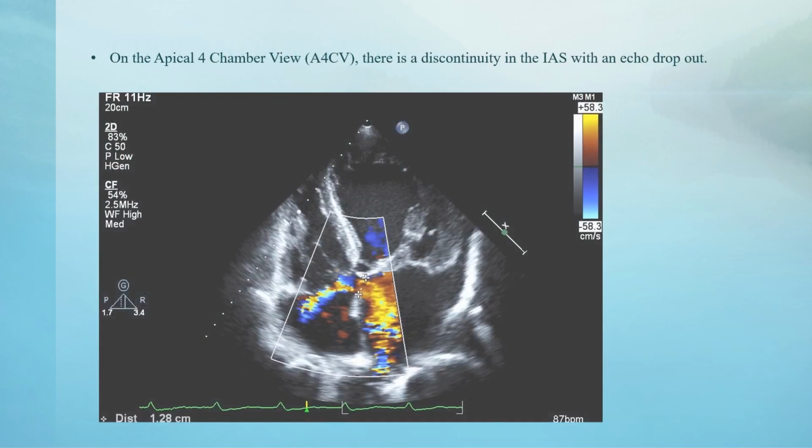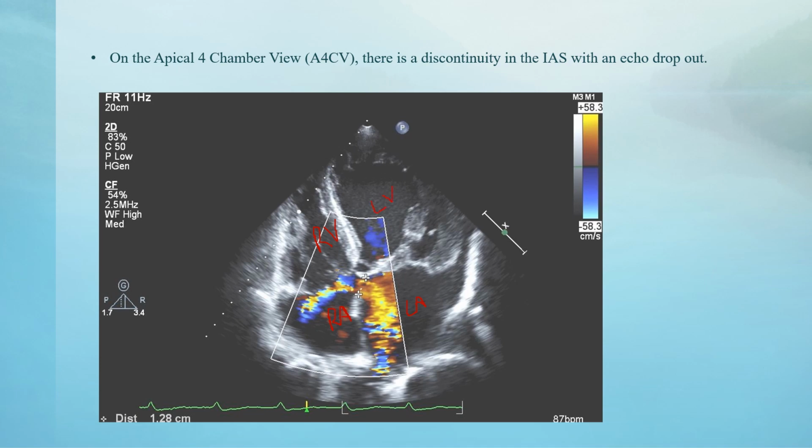In 2D echo, this is the apical 4-chamber view. It is called an apical 4-chamber view because all 4 chambers of the heart are visible in this view. This is the right atrium, this is the right ventricle, this is the left atrium, and this is the left ventricle.